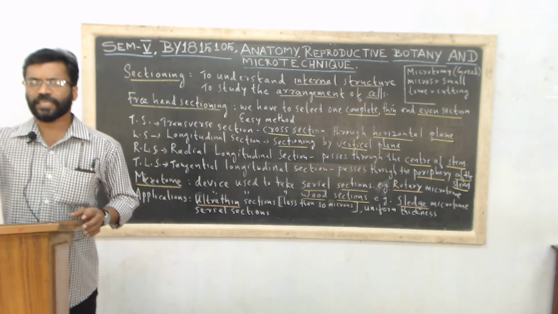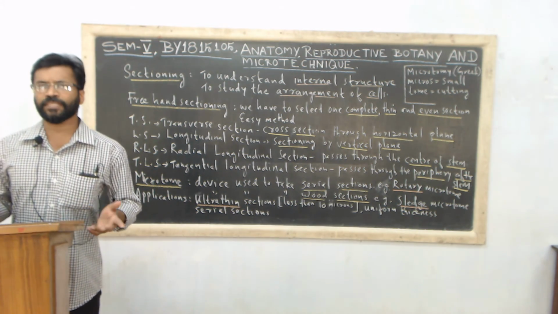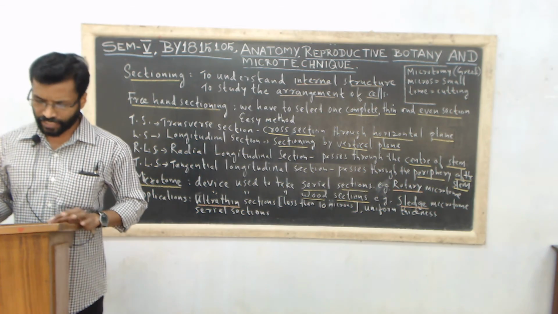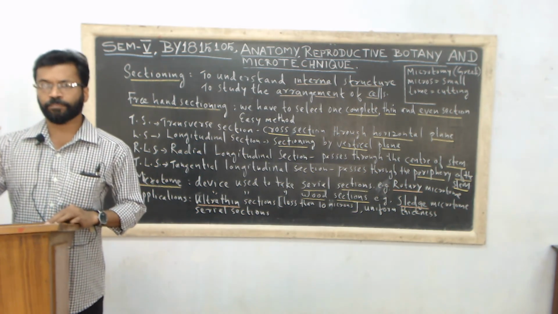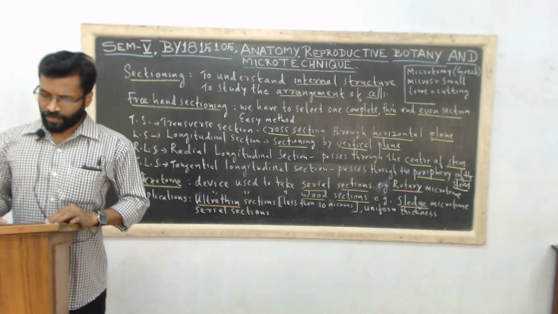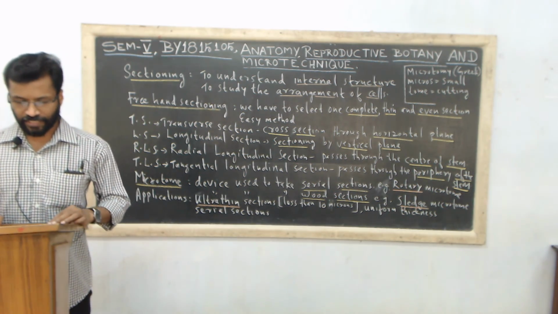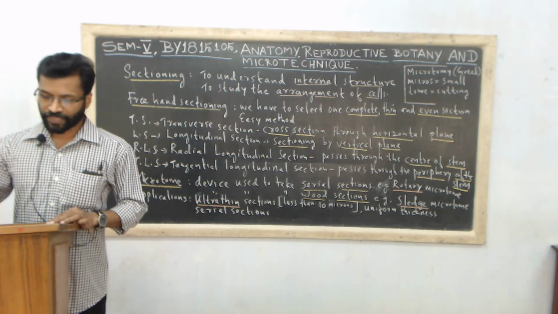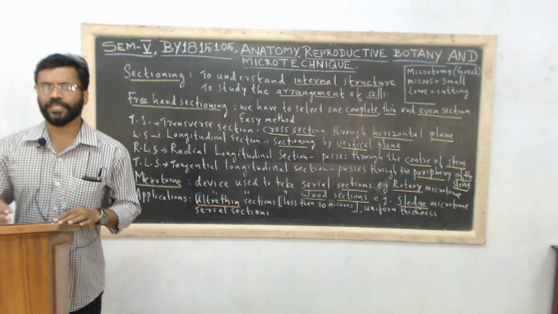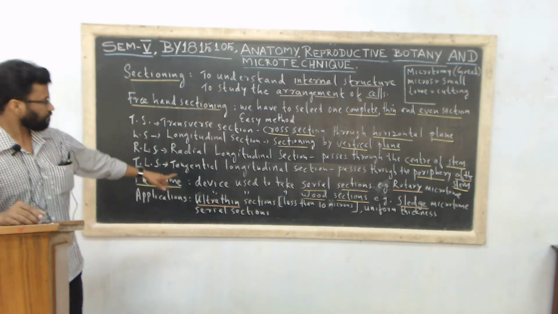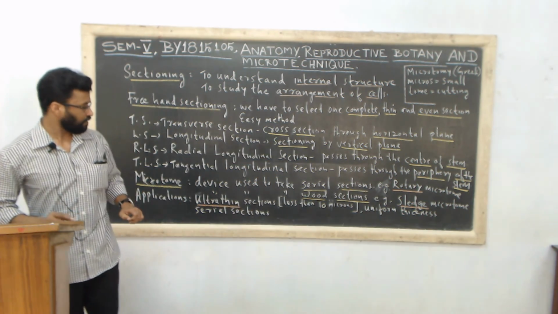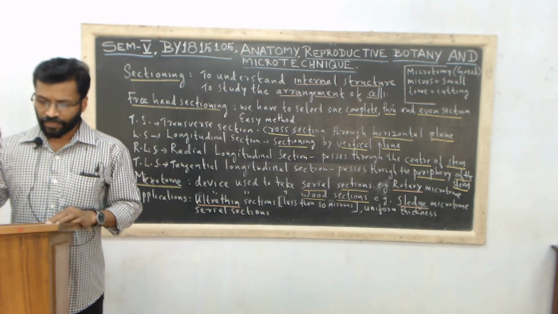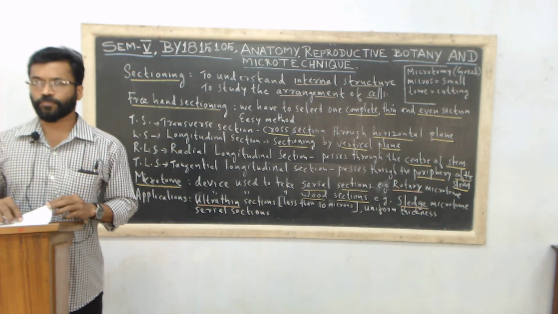Some of the disadvantages are that high instrumentation facility is needed in the case of microtomy, and tedious or elaborate preparation steps are needed for sectioning and after-processing of sections. These are some of the disadvantages. Advantages are obtaining ultra thin sections, uniform thickness, serial sections, and sectioning of extremely small materials.